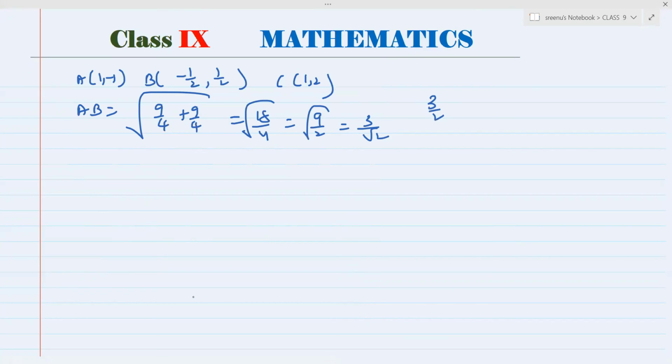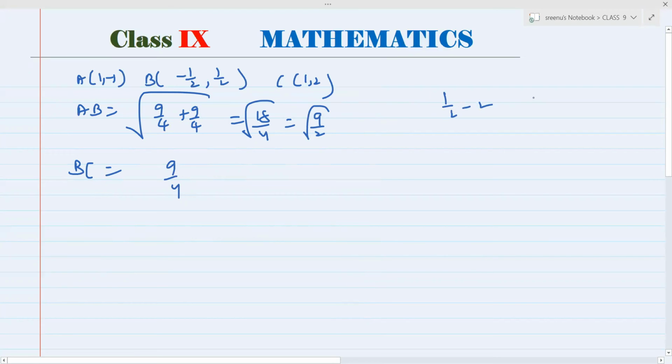Root 9 by 2, sir. Okay, root 9 by 2. Leave it like this. BC. 9 by 4. 1 by 2 minus 2. 1 minus 4 by 4, minus 3 by 4. 9 by 16 you will get. 9 by 16 only. 2 minus 4. 9 by 4 only I got, sir.